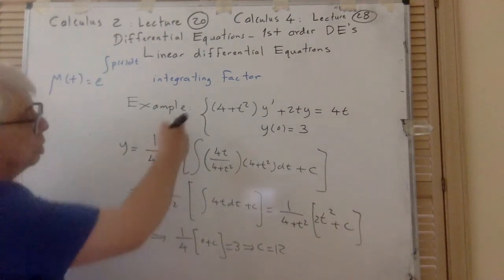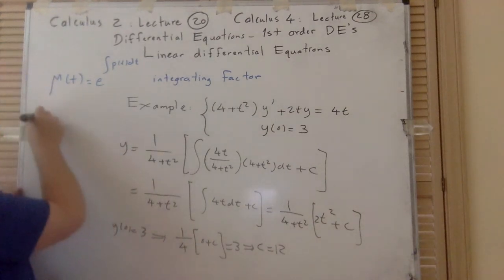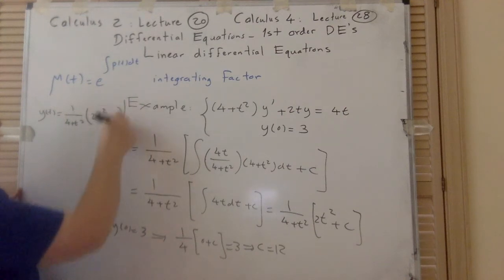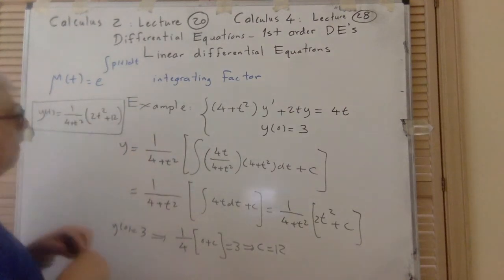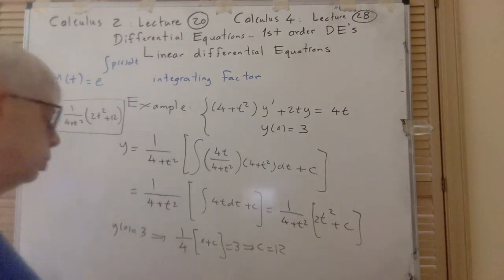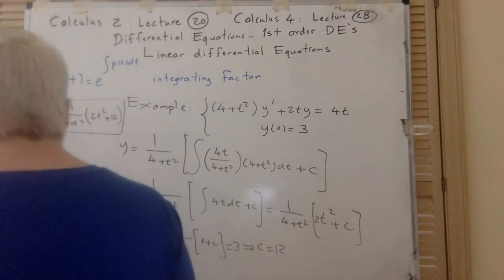The solution is simply y of t is 1 over 4 plus t squared times 2t squared plus 12. So that is the solution to this simple first order linear differential equation.